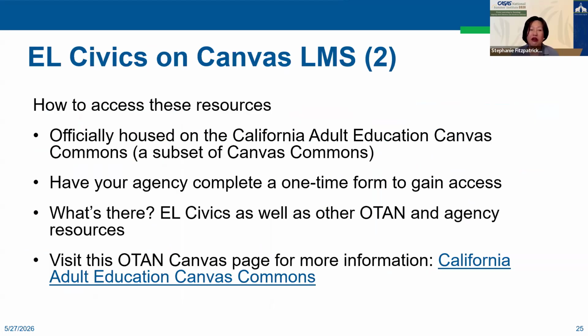It's officially housed on the California Adult Education Canvas Commons, and it's a subset of the Canvas Commons. What you need to do is have your agency complete a one-time form to gain access. And then what's there is the EL Civics as well as other OTAN and agency resources. You can visit this Canvas page for more information, this link here, California Adult Education Canvas Commons.